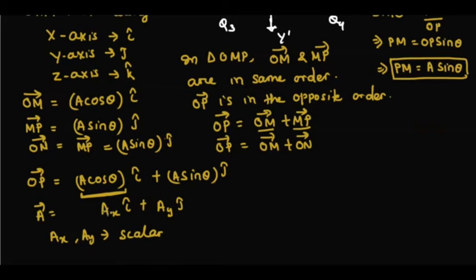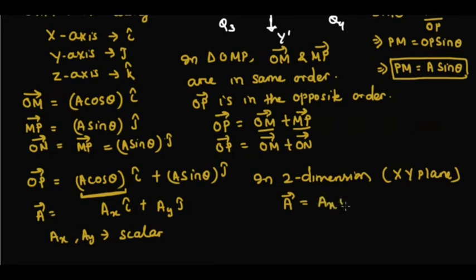Is that clear? So you can say that in two dimensions, or in a plane, suppose we are talking about the xy plane, in the xy plane a vector can be written as Ax i cap plus Ay j cap. Is that clear? Okay.